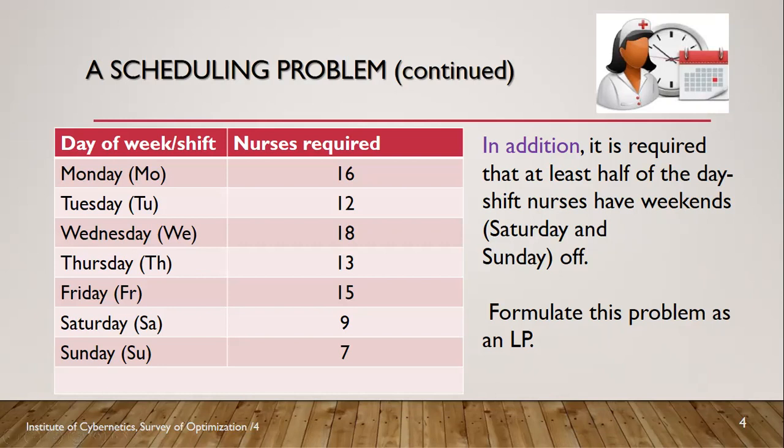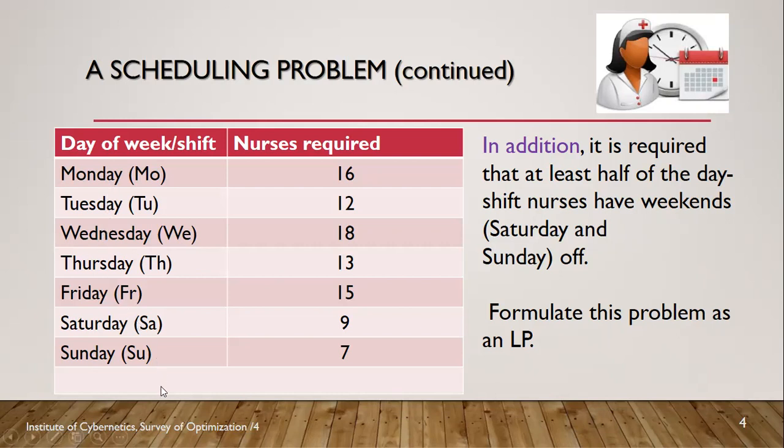So, in order to formulate this problem as an LP problem, as always, we start with defining decision variables. In this case, what would be suitable decision variables? At first glance, one might think that we should define the decision variables as the number of nurses working on a specific day, like on Monday, on Tuesday, on Wednesday, and so on.